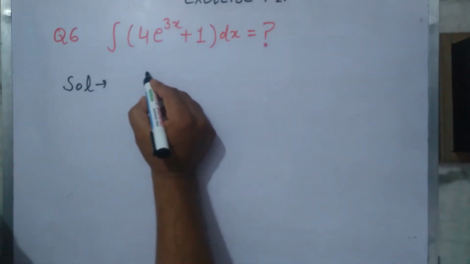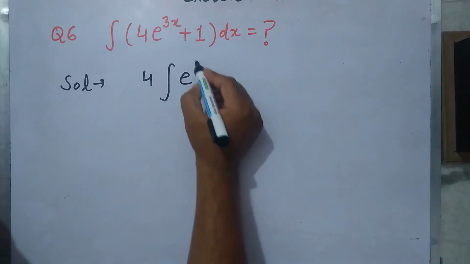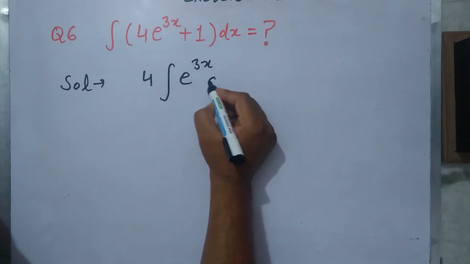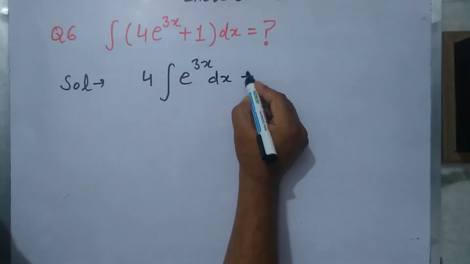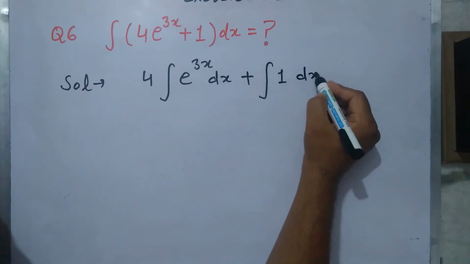This can be written as 4 into integration of e raised to power 3x dx plus integration of 1 dx.